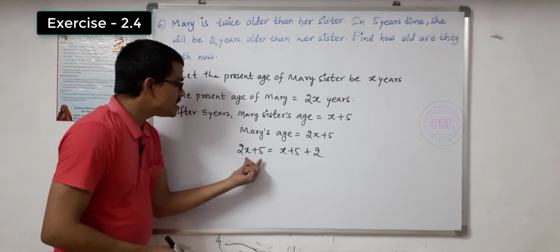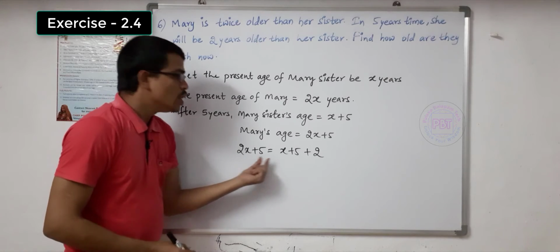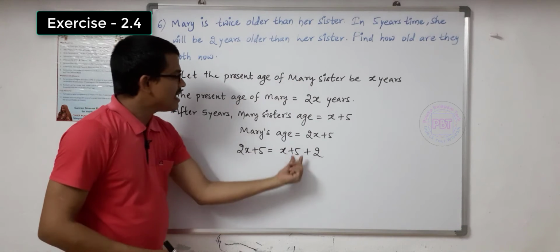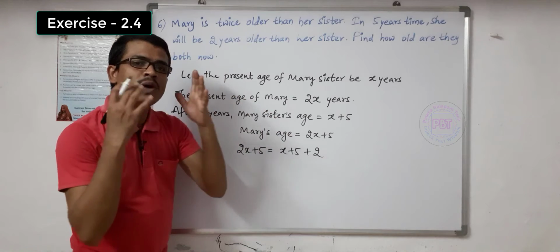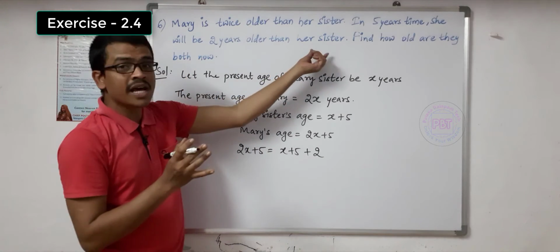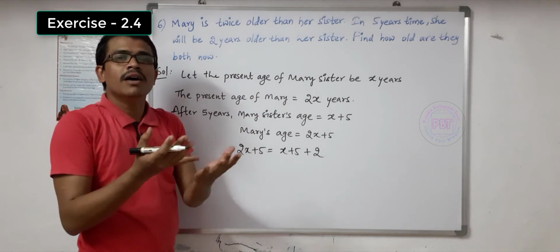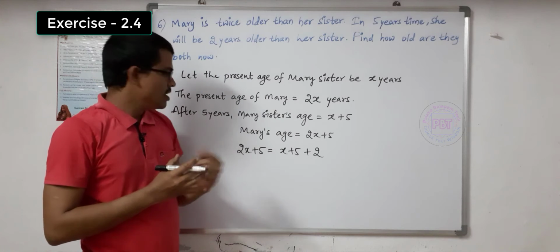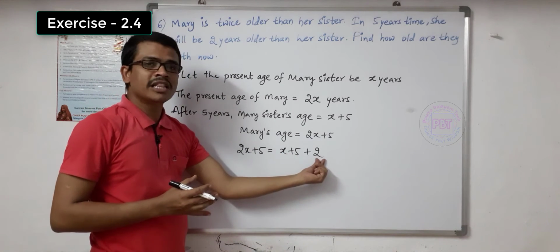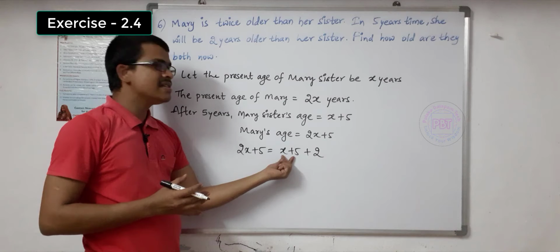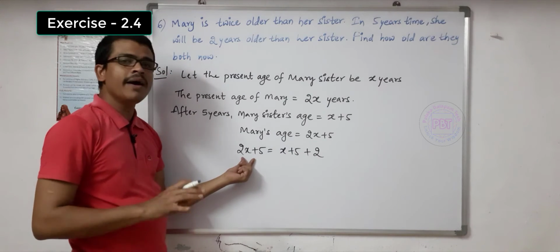Mary will be 2 years older than her sister. It means whenever you add 2 years to the sister's age, then you will get Mary's age, isn't it? So x plus 5 plus 2 is nothing but I am adding 2 years to her sister's age, then that is equal to Mary's age.